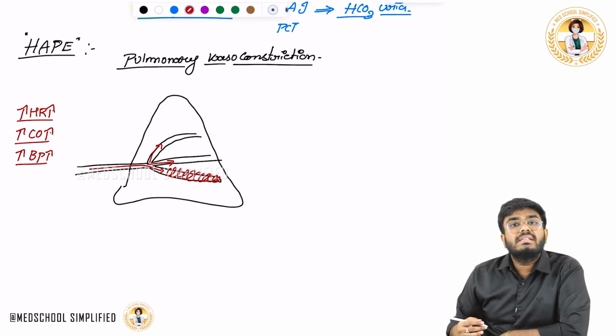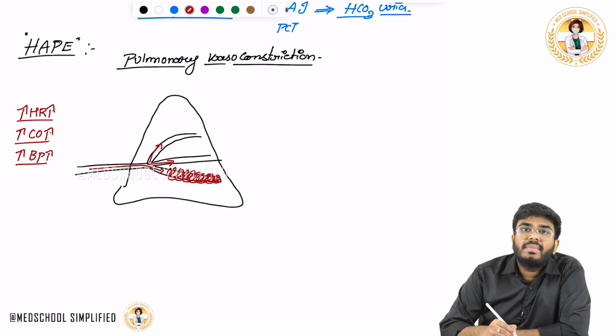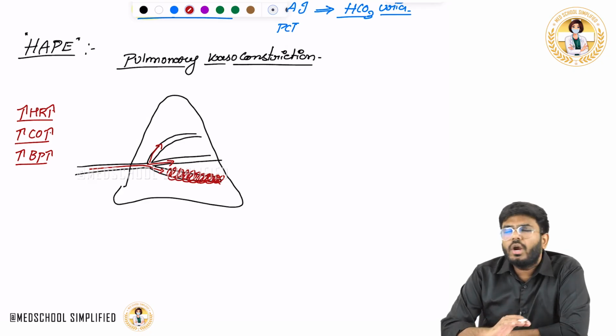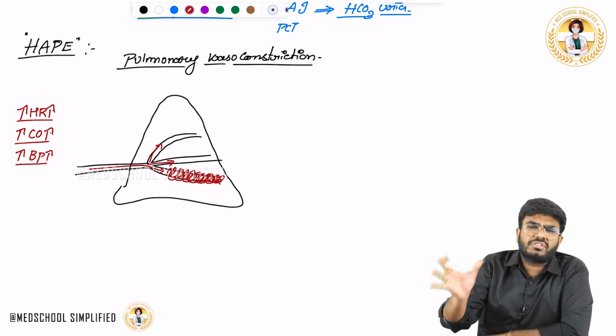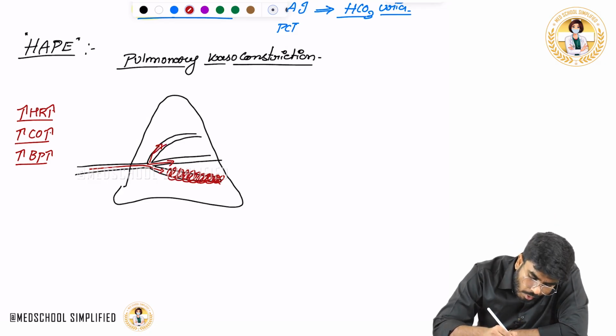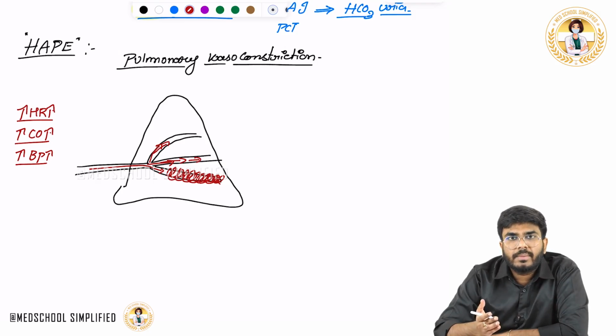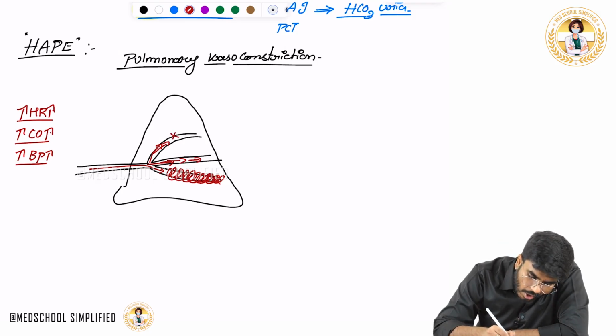So more blood is going to the lungs, but certain blood vessels are constricted. There is patchy constriction, not diffuse constriction, because of which more and more blood is going into these blood vessels. And whenever there is more and more blood, that's going to cause damage to these blood vessels.